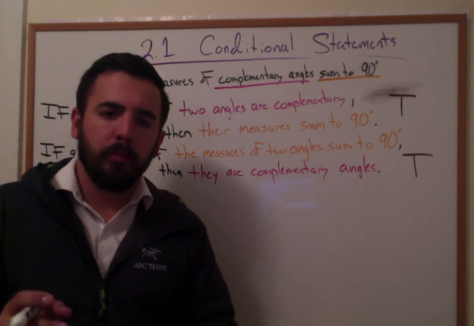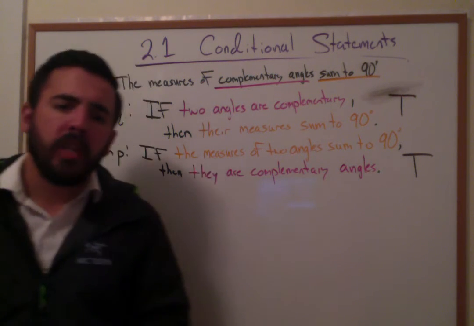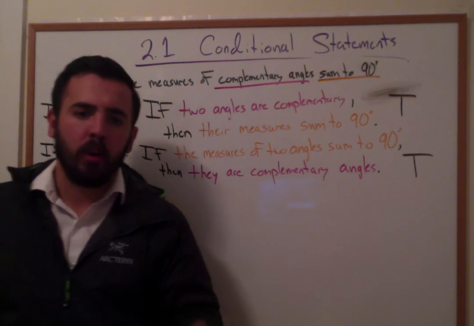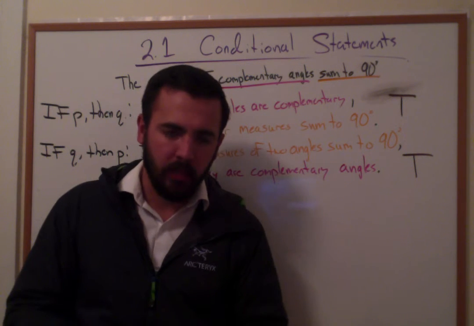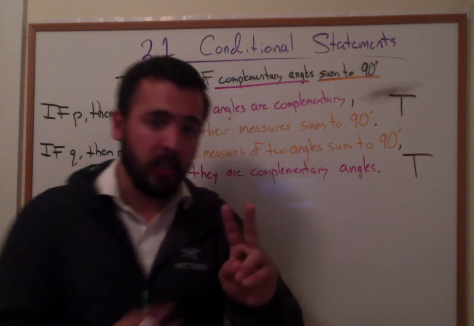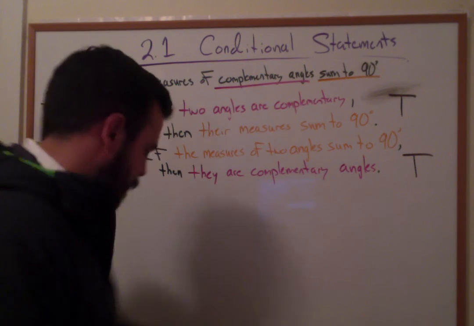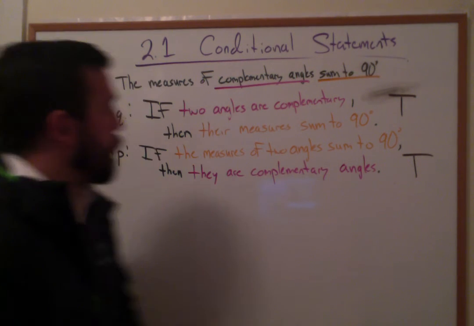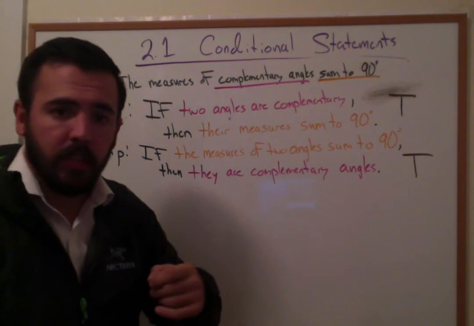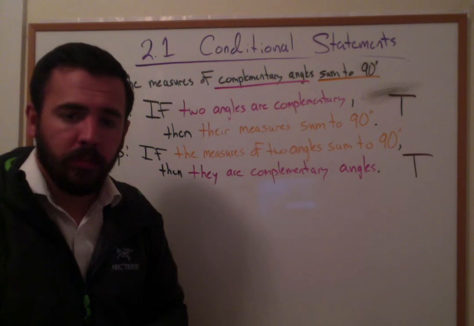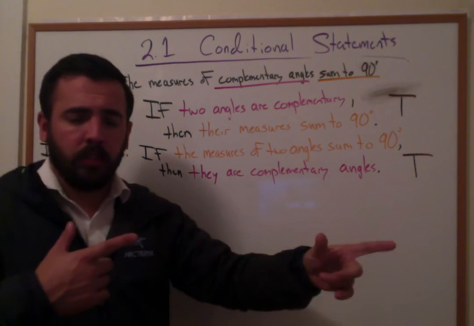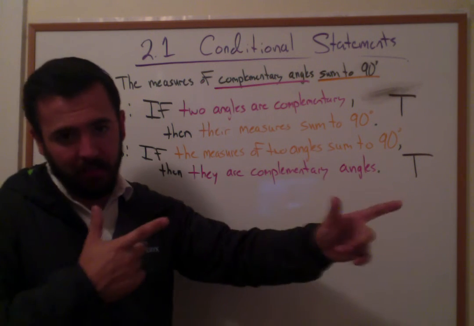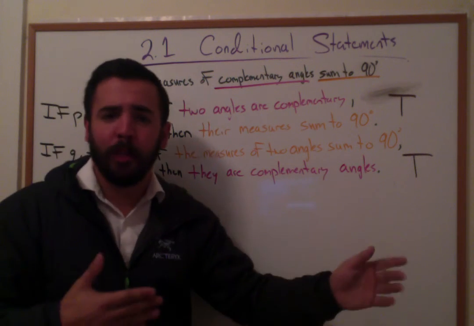When those two types of statements are both true, we can then write one single statement. And that single statement is called a biconditional statement. Bi is your little prefix for two. So what the biconditional does, it takes our hypothesis and our conclusion and it allows us to have one infer the other and the other infer the one, if that makes sense. We'll have to go back and forth in terms of what we're inferring.